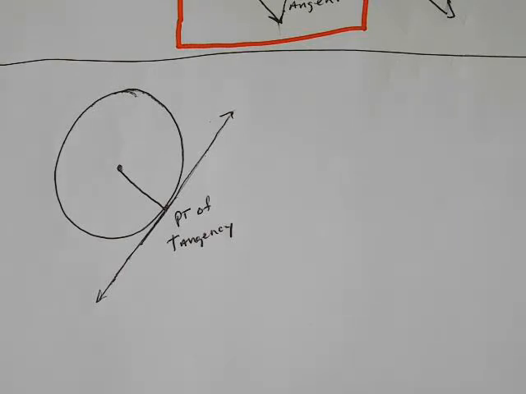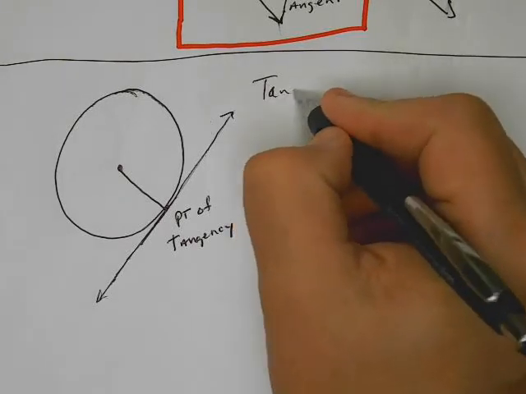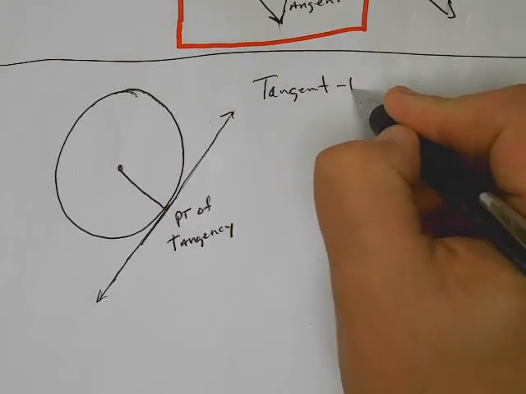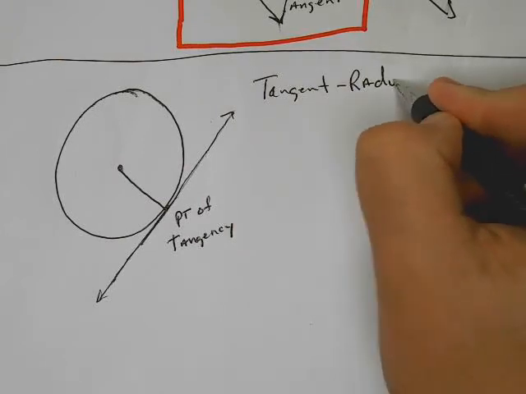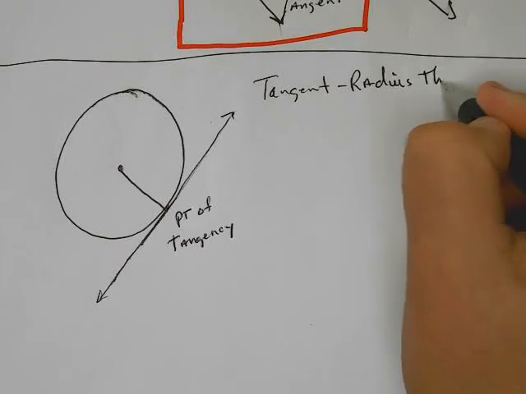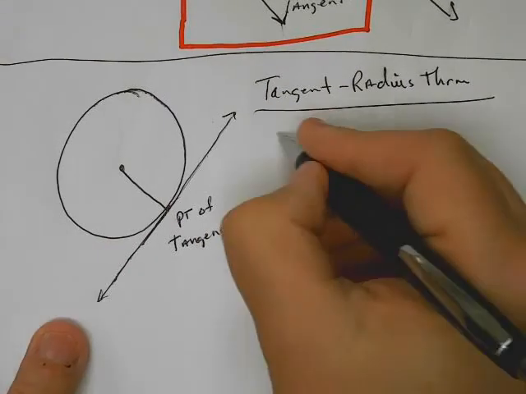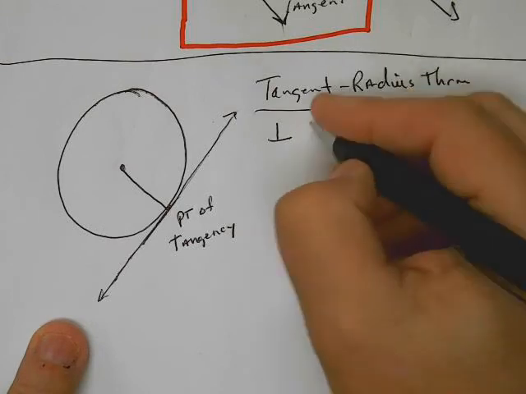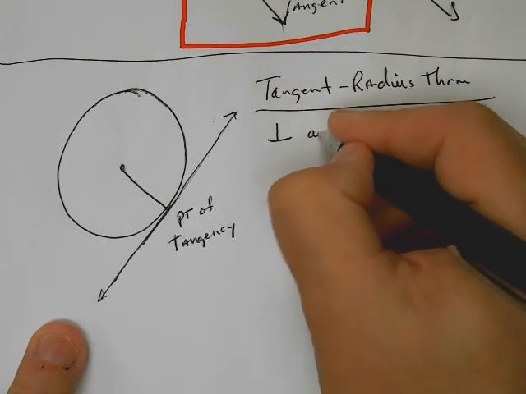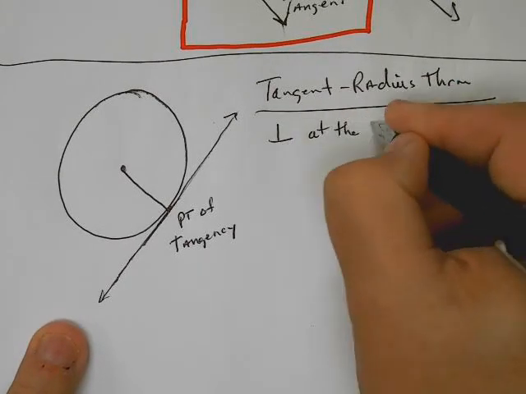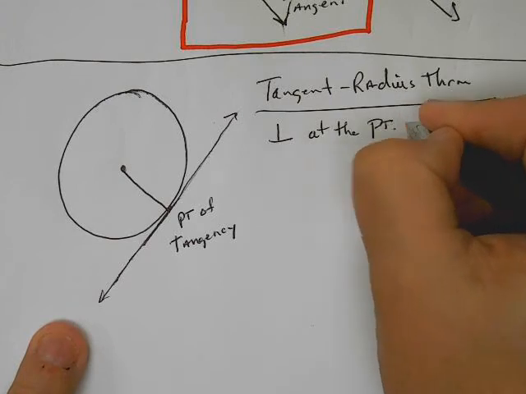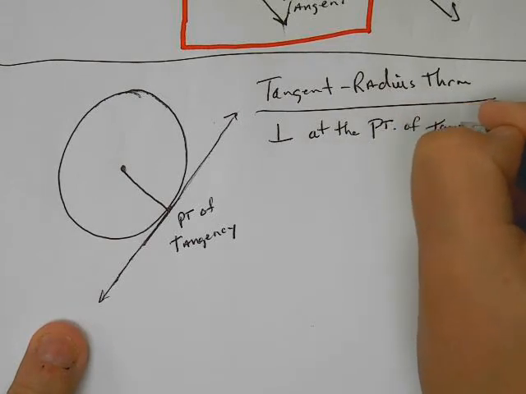At the top of page 806, there is the tangent radius theorem. Please write that in your notes. Basically, it says that the tangent is perpendicular to the radius at the point of tangency.